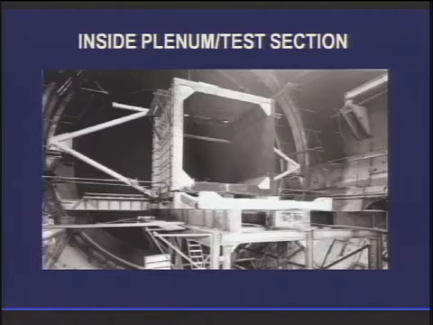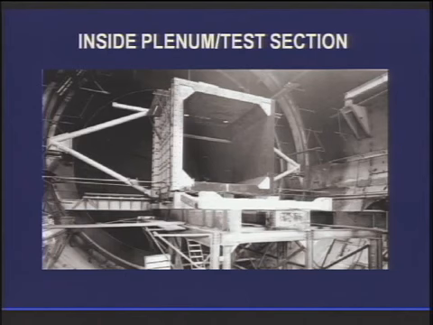Here we're looking inside the plenum towards the big end, towards the southern chamber. Here's a portion of the test section that's being installed. Notice the test section has cropped corners. That was because high-intensity lighting could be mounted in these test sections, so we'd have high visibility, high-intensity lighting for high-speed photography.